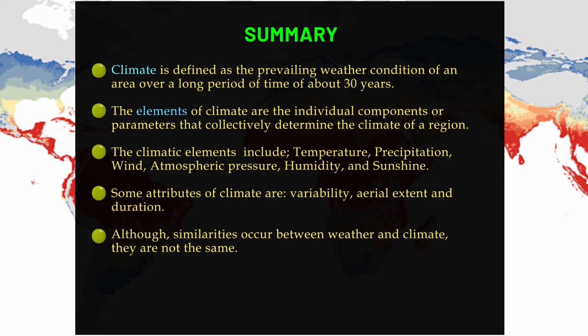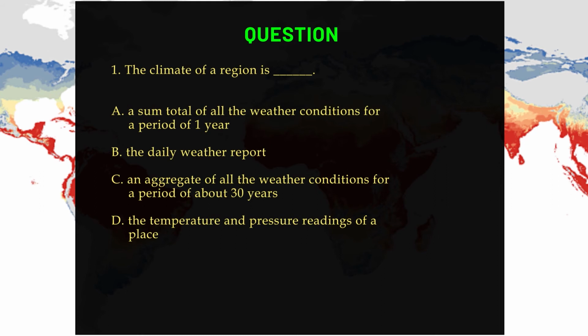Let's test ourselves with a few questions on our knowledge of what we learned during the lesson. Question 1. The climate of a region is A. A sum total of all the weather conditions for a period of 1 year. B. The daily weather report.